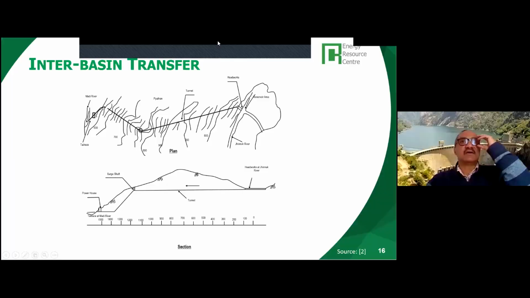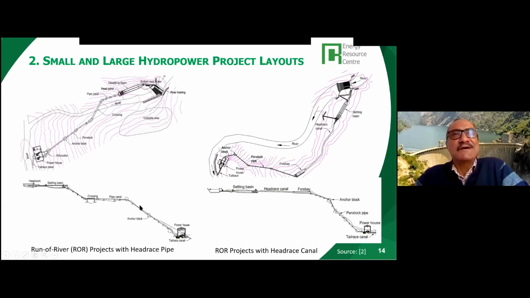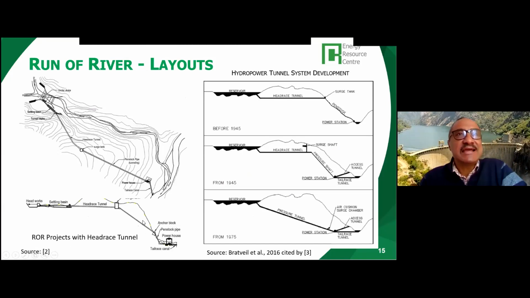Sorry for the breakup. Basically, I'm talking of two types of run-of-river hydro projects. One uses the headrace pipe, and the other uses the headrace canal. The third type is a headrace tunnel system, and this tunnel is under pressure.